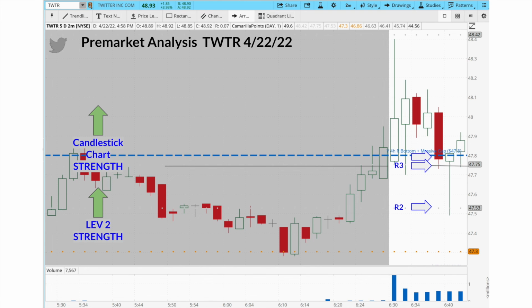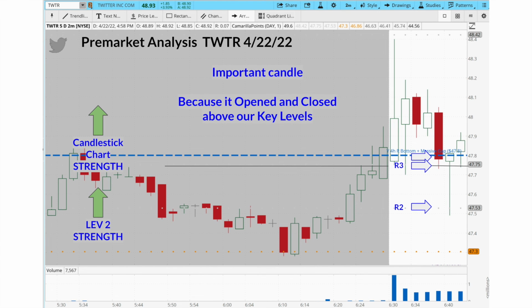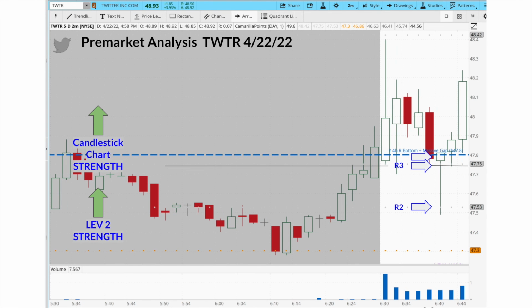Next candle. This is an important candle because it opened and closed above our key levels. You see that? We're back to looking strong again. Next candle, boom. We got a big, solid, strong, bullish candle. All right.